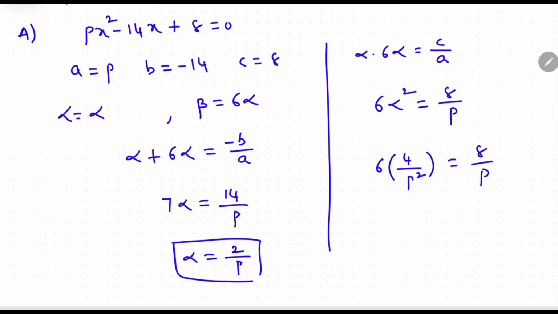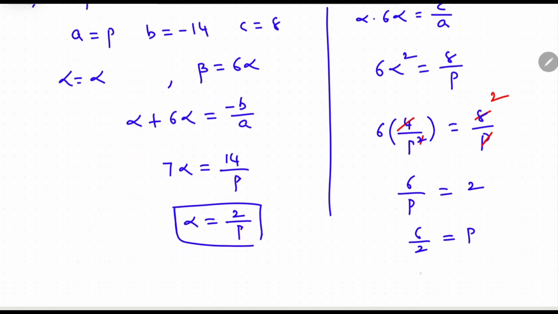On cancellation, p and p power 2 will be cancelled. Now 6 by p equals to 2. So on transposing, 6 by 2 will be equal to p. Therefore, what is the p value there? P will be equal to 3. So it is the answer.